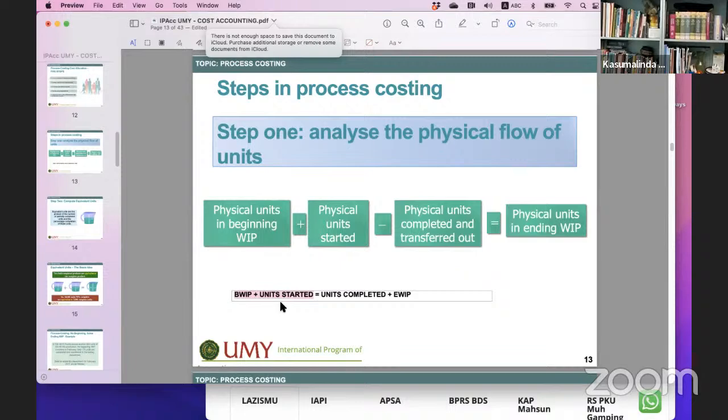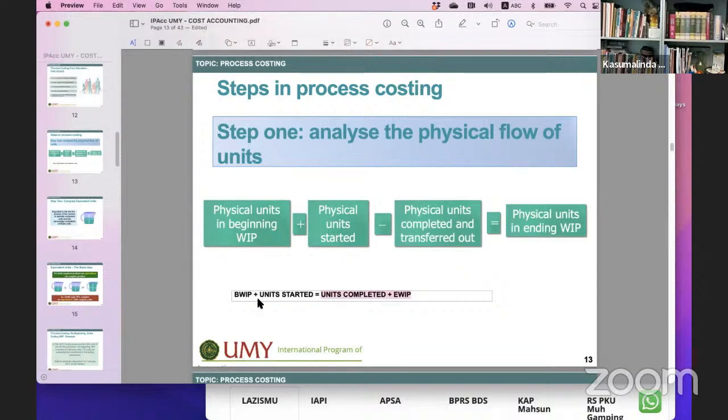So these are the units that we are going to process at the beginning. When we process throughout the month, at the end of the month, the result is either we have completed all units, which become the units completed, or they are still incomplete, where they stay as ending work in process. So we have units completed plus ending work in process. This is the result at the end of the month.